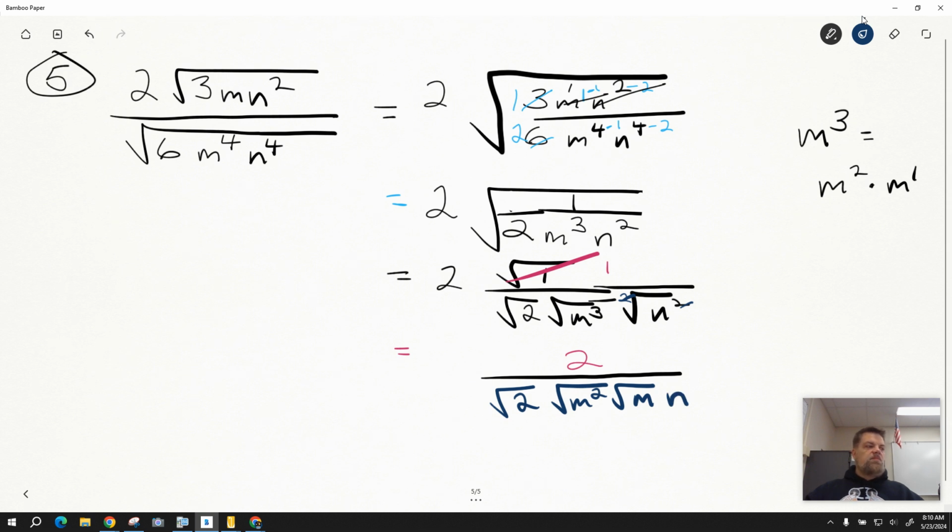All right. Next line, I'm going to have 2 over root 2, and then this becomes m times the square root of m over n.